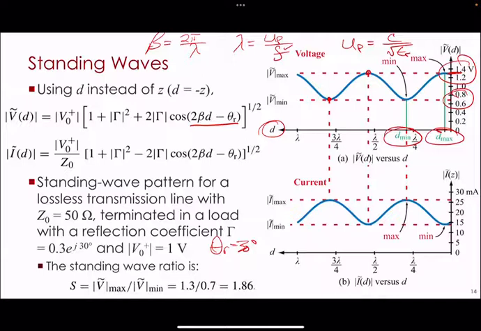There is no reflection. If there's no reflection, there's no interference. There's no wave like this at all. It's a flat line like we saw when he hooked up the matched load. If it's a flat line, the maximum and the minimum are the same point. There's no variation. And so you have one number divided by the same number. It equals 1.